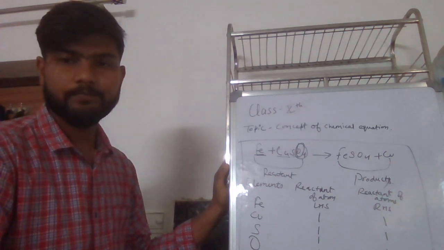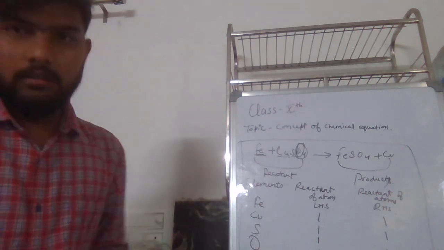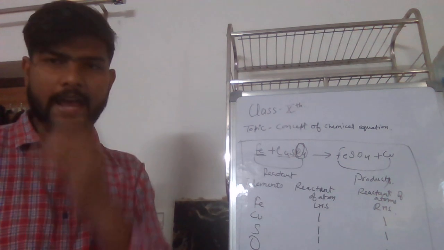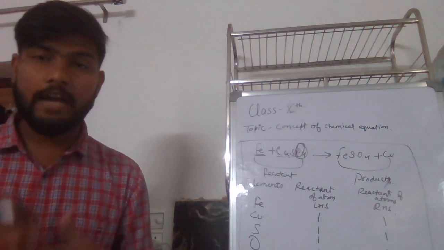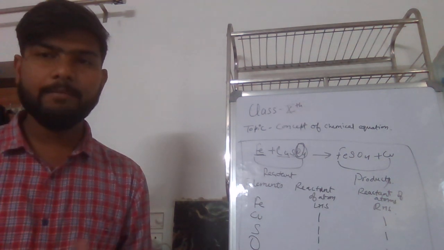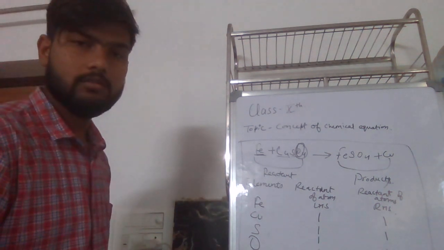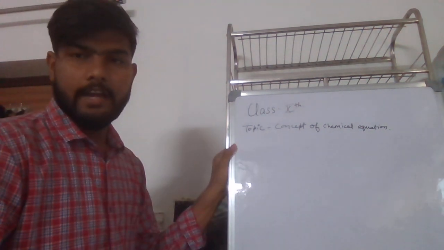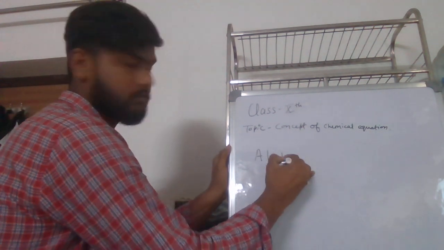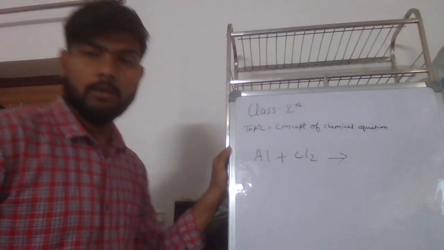Moving further, you have to perform an activity to form aluminum chloride from aluminum and chlorine. Write its chemical equation of the reactants. So here I am giving the equation: aluminum plus Cl2 reacts, what will be the product here?